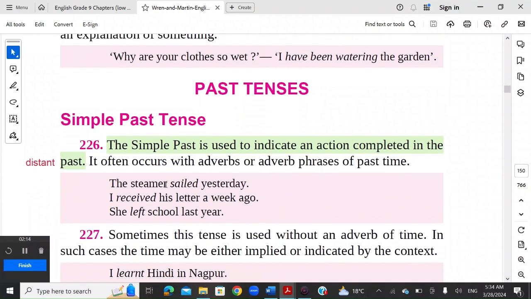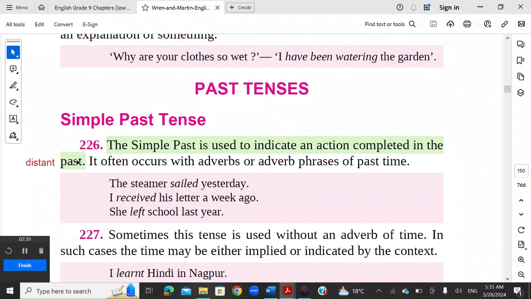past simple. Past simple is past indefinite tense. The past simple tense is also used to indicate an action completed in the past. Now, which past? I have already told you the present perfect tense is used for past action. Again, simple past tense is also used for past action.